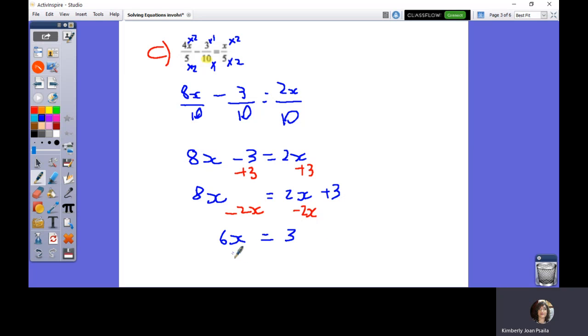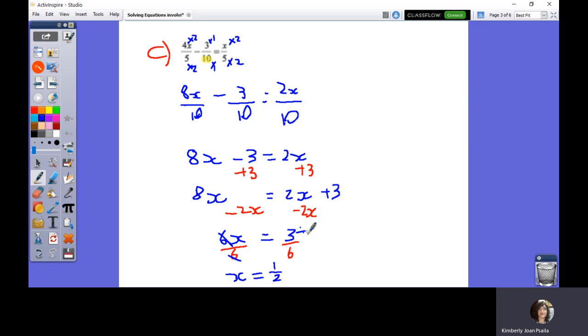How do we get the value of x here? We can divide both sides by 6. This simplifies with this, which leaves us with x is equal to 3 all over 6. Simplified gives us the answer of 1/2.